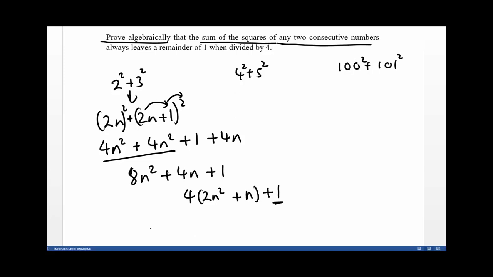Okay? But you're going to be left with a remainder of 1 at the end. Right? So this is what they mean. It shows you here. We've just proven algebraically that the sum of the squares of any two consecutive numbers always, so it's true in all cases, leaves a remainder of 1 when divided by 4. Okay?